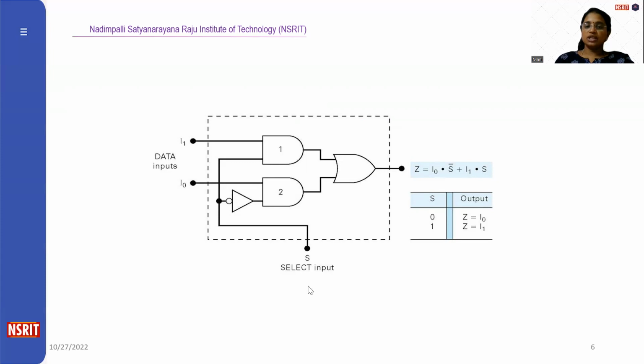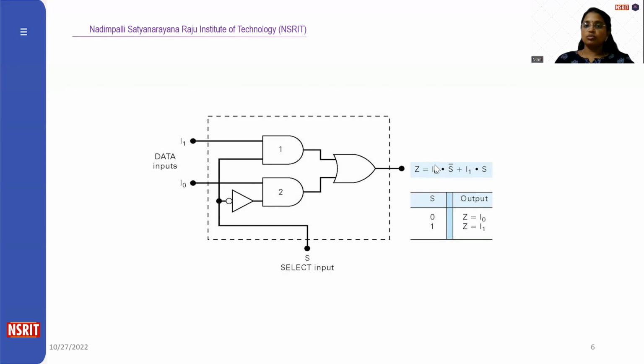If the selection line equals 1, then it selects I1. If the selection input equals 0, it selects I0 and it is routed to the output. So if I want I0 at the output, my selection line must be 0.